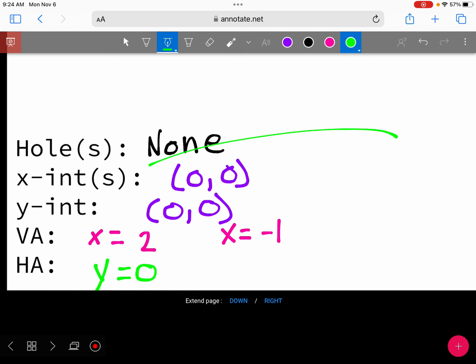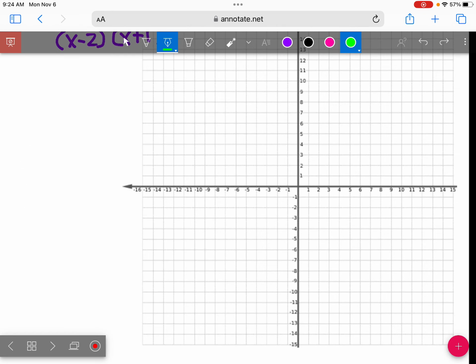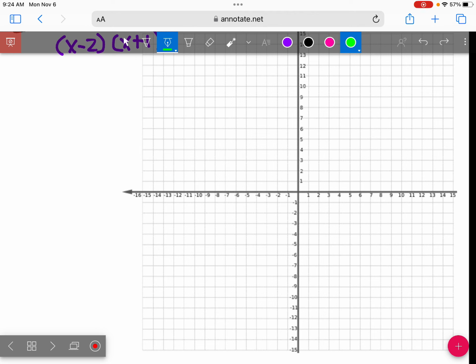Okay, so let's put all these pieces on here. And there's going to be a piece that looks really weird, and I promise it's okay. Because we have our x and y intercepts at 0, 0. Jeez, this grid is really big. Holy cow.